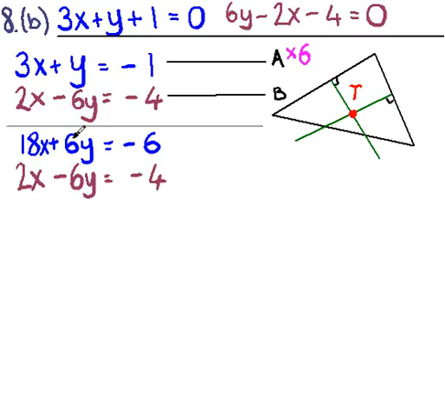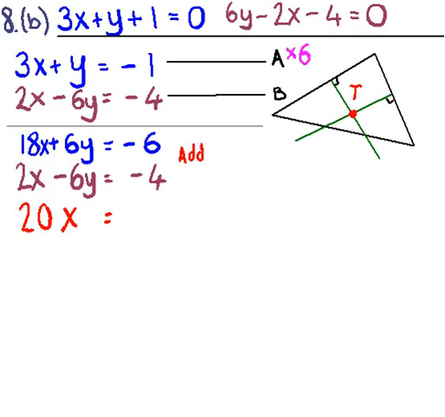So in order to eliminate the y's, we're going to add at this point. So we have plus 6y add minus 6y, which is the same as 6y minus 6y, which gives us 0. So adding all the way through, 18x plus 2x gives us 20x. We know that the y's cancel out when we add. And then we have minus 6 add minus 4.